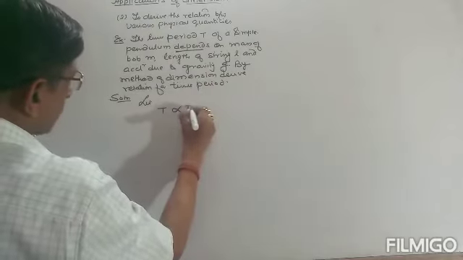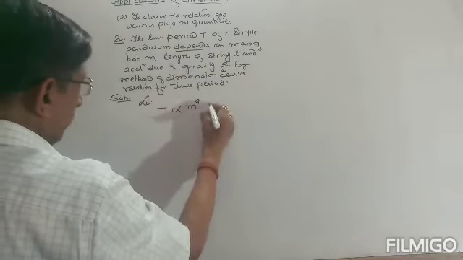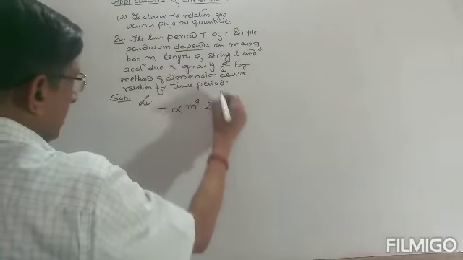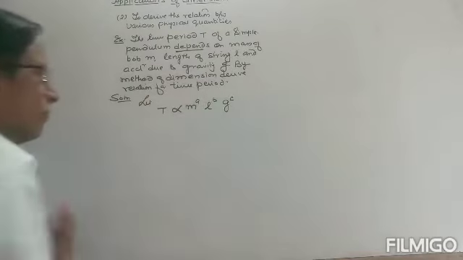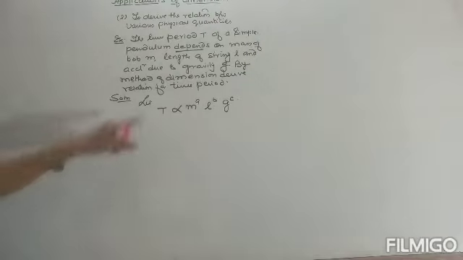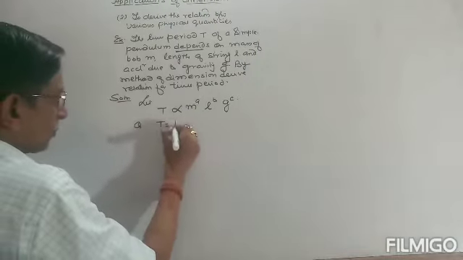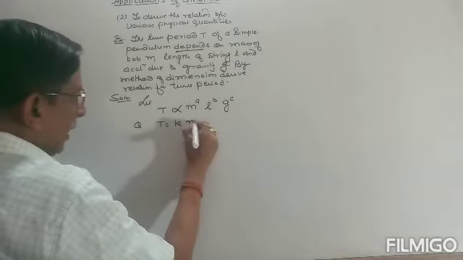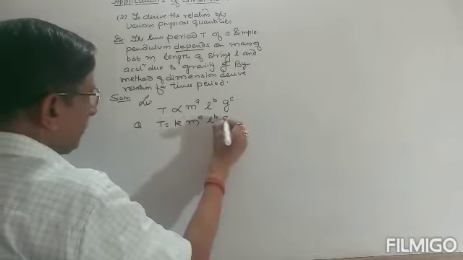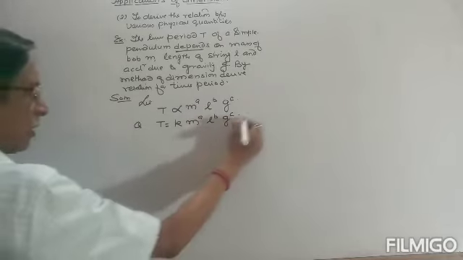Mass of the bob m power a, length of the string L power b, acceleration due to gravity g power c. T proportional to m power a, L power b, g power c. Next line, T is equal to constant m power a, L power b, g power c. Equation 1.